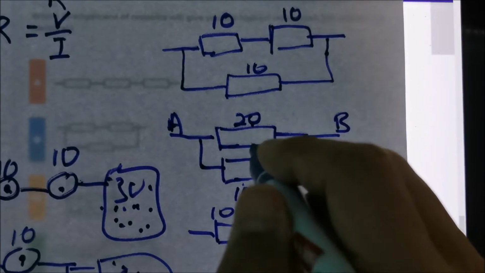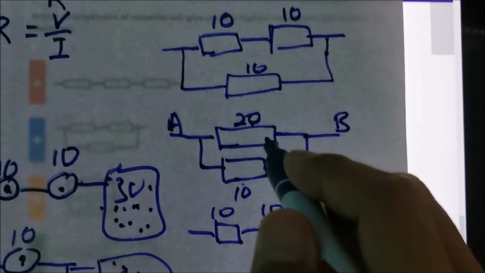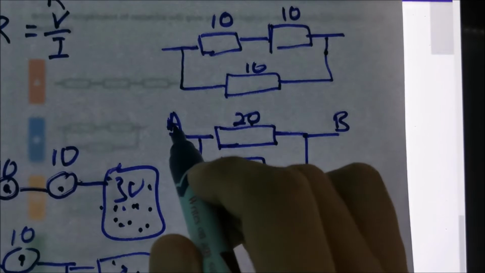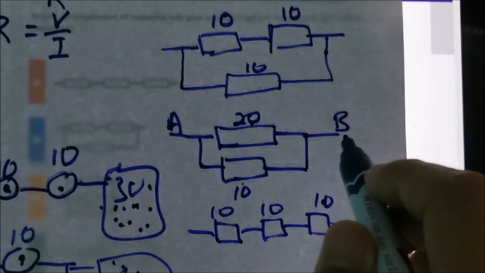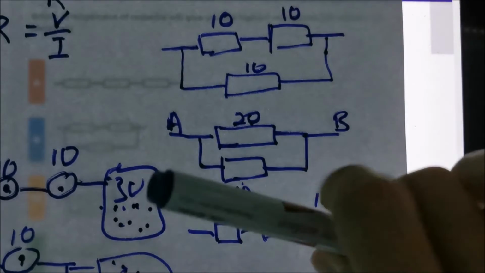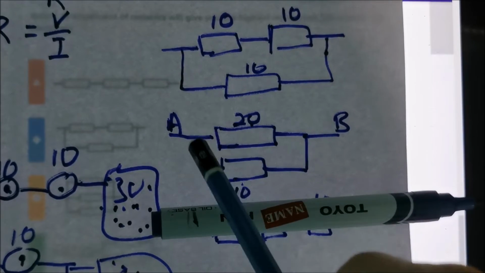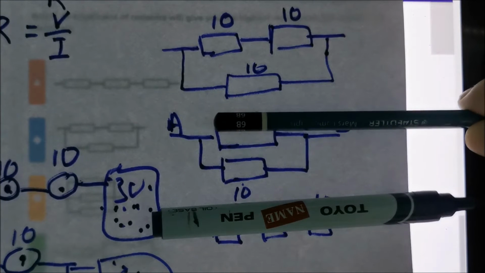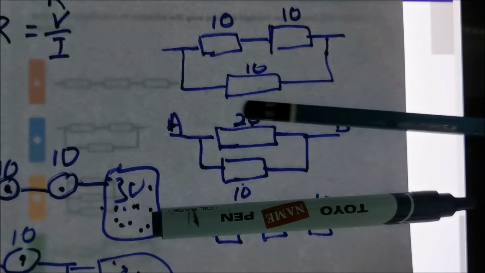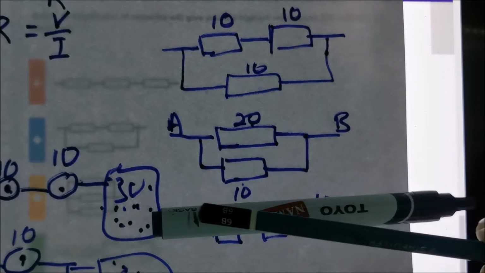That means for this configuration, you can very safely say that the effective resistance between point A and point B is lower than 10 ohms, right? Because if I only have a 10 ohm branch, if I don't have this branch, imagine I take away the 20, the resistance between A and B will be 10 ohms.